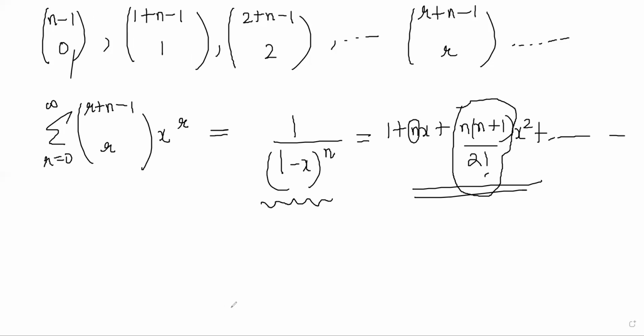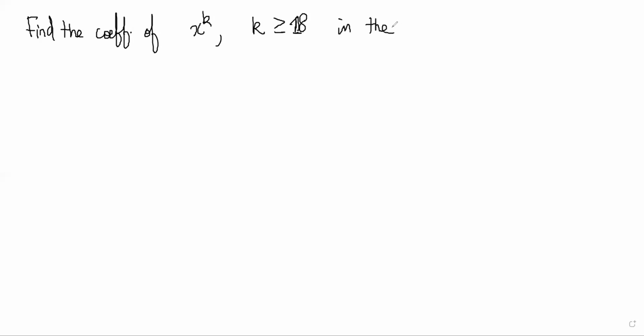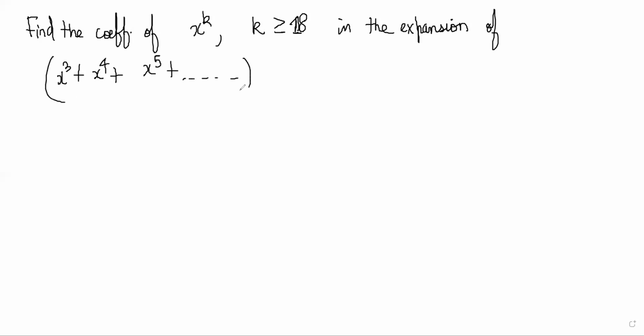So now let's do a particular question where we are trying to find the coefficient of x^k, where k is greater than or equal to 18, in the expansion of (x^3 + x^4 + x^5 + ...)^6.